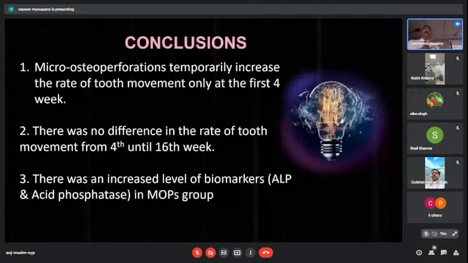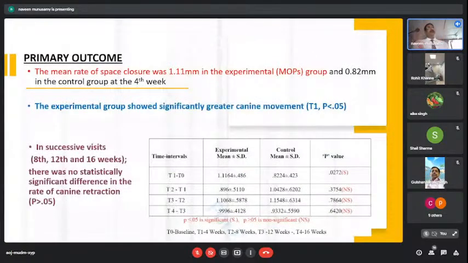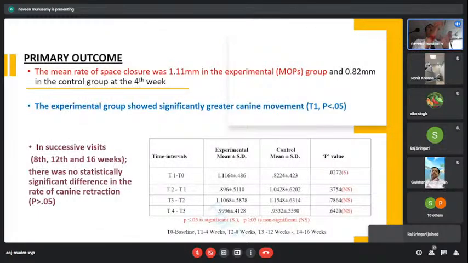Similarly, the biomarkers showed an increase in level in the first month. Since we did not evaluate biomarkers after the fourth week, we were not sure whether this increase would remain after the first month.